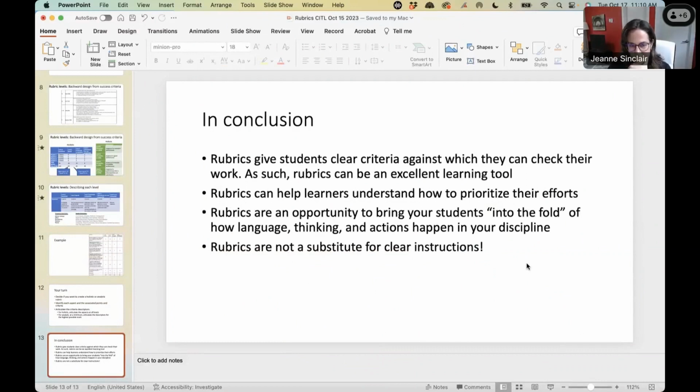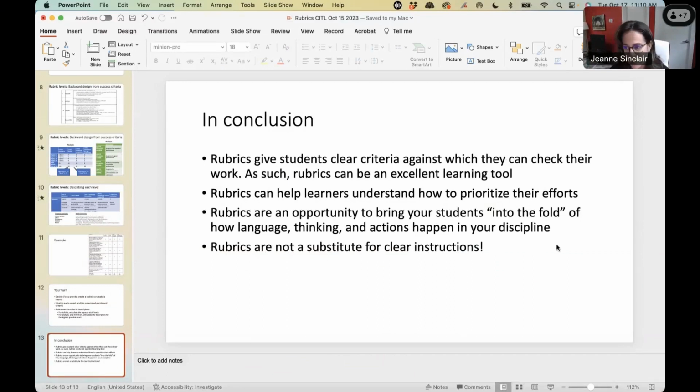Rubrics do give students clear criteria against which they can check their work. Sometimes I feel like the assignments are the only thing I can be sure that students read carefully. So you'll see in the examples that I shared in the Google Drive, some of my assignments are really long, much longer than what I used to provide.